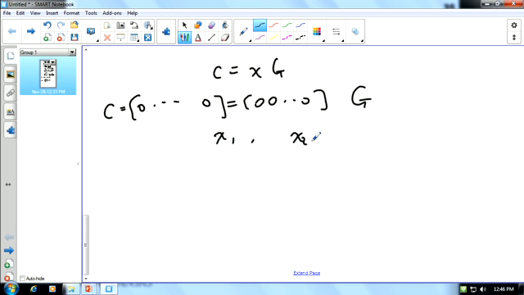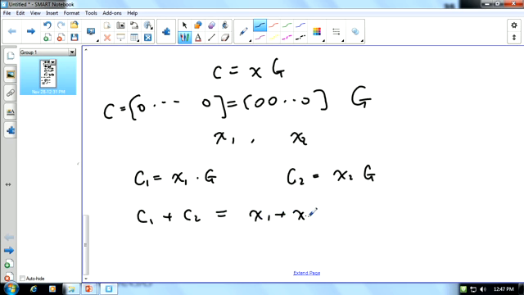The code word of message 1 is x1 times G, and the code word of message 2 is x2 times G. We claim that c1 plus c2 is also a valid code word. Why? Because c1 plus c2 can be written as (x1 plus x2) times G.